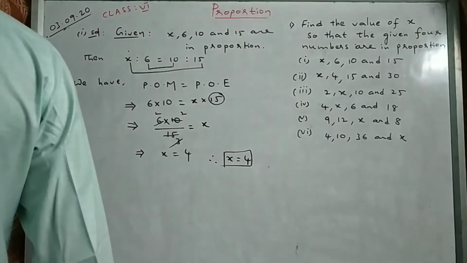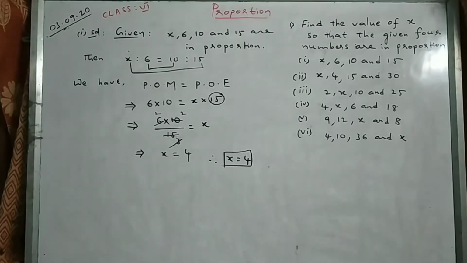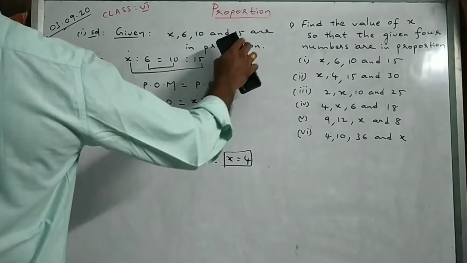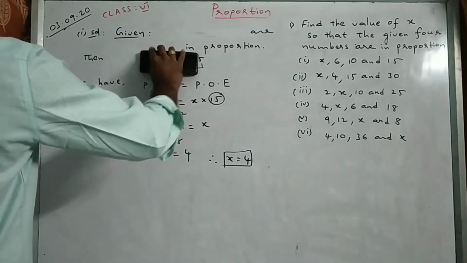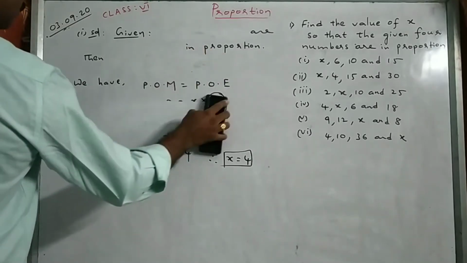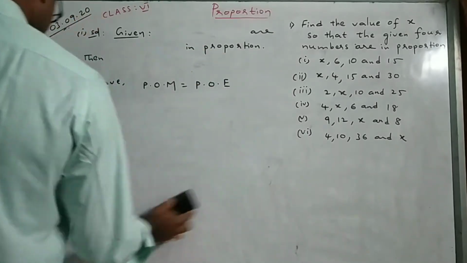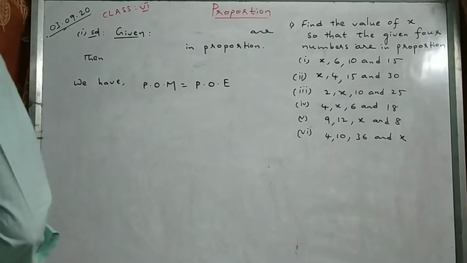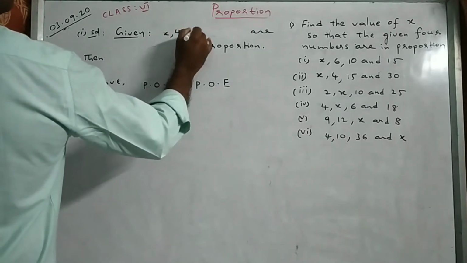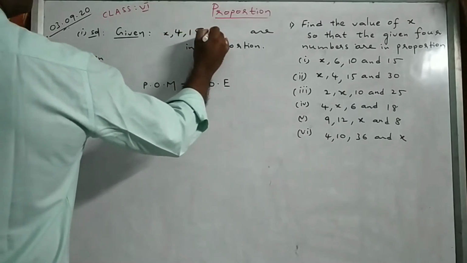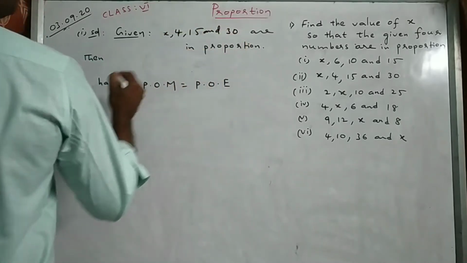Easy, no? Similarly, next question. x comma 4 comma 15 and 30 are in proportion.